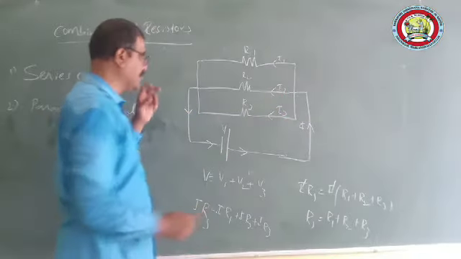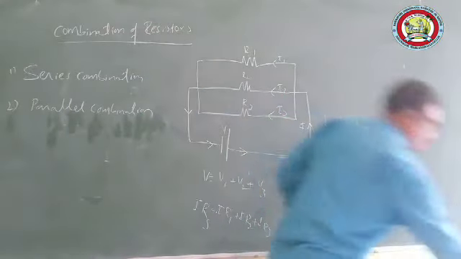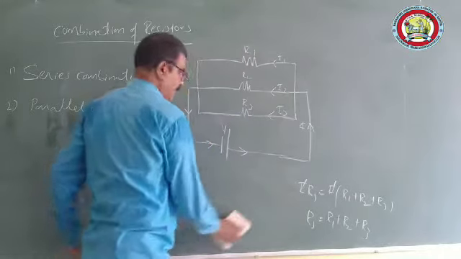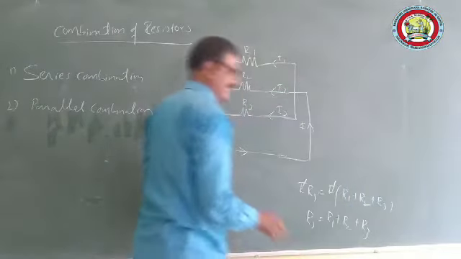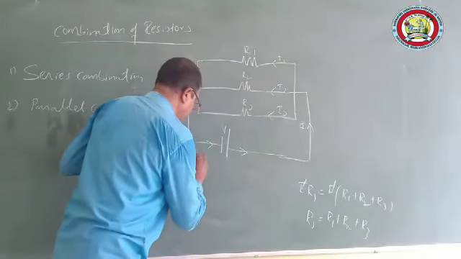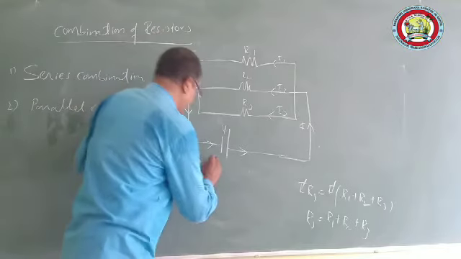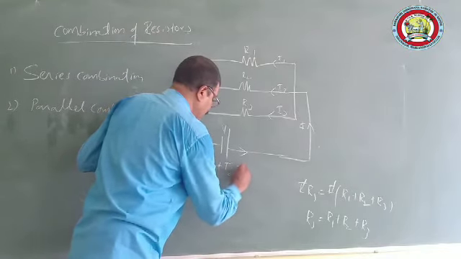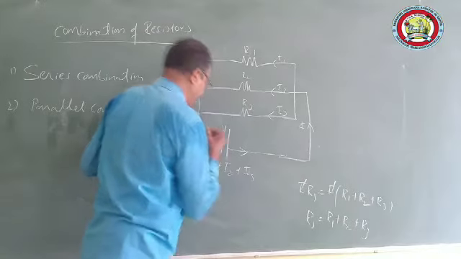So let me put it as I is equal to I1 plus I2 plus I3.